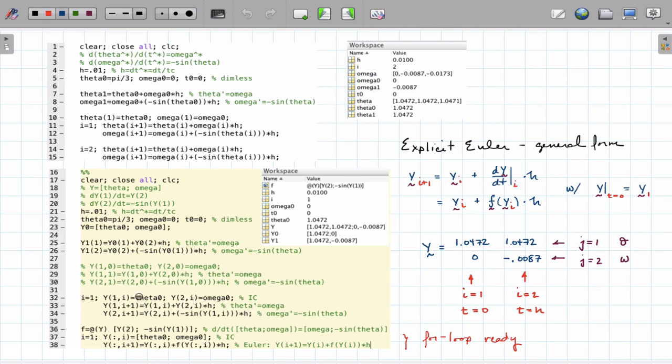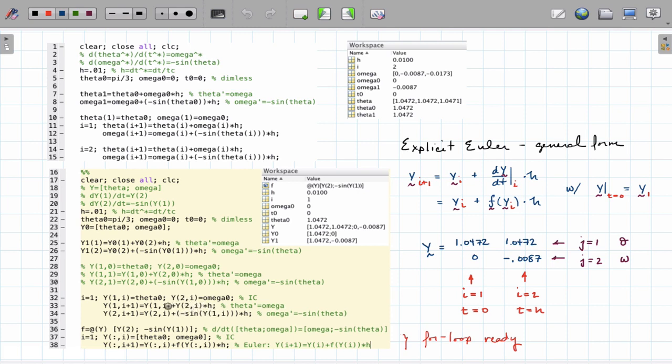The only difference is that we've replaced our values here for the time step up above with just i, or i plus 1, according to whether or not it's on the left-hand side or the right-hand side. So you can see that the i plus 1 value depends only on the y values at the ith step, as you can see from the equation here as it's written in terms of these indices.